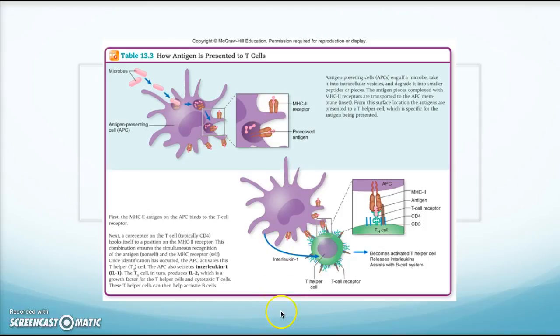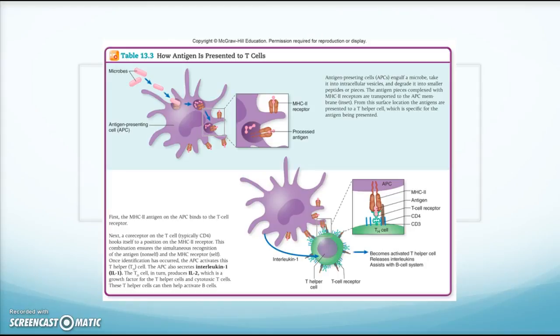When the T helper cell is affected by it, it will become activated and can secrete interleukin 2, which is going to help with T helper cells and cytotoxic cells, and it can also activate the B cell system. So this is all after that antigen presentation to T cells.